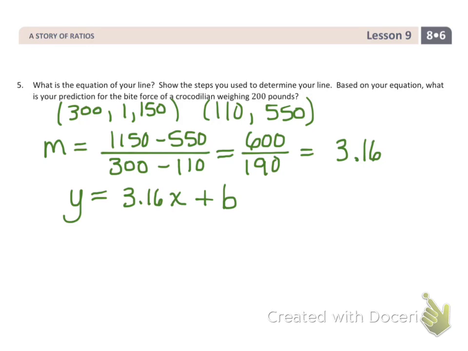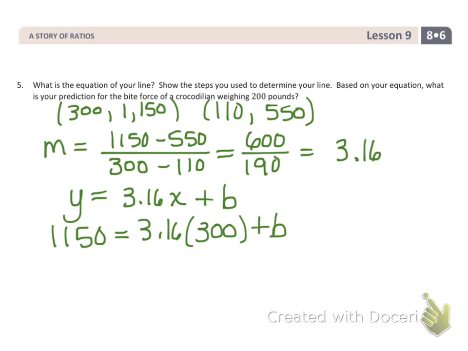To do that, I can choose either of the points and put them in. I'm going to choose the first one. The y value is 1,150, the x value is 300, so it's times 300 plus b. Now I'm going to solve for b.